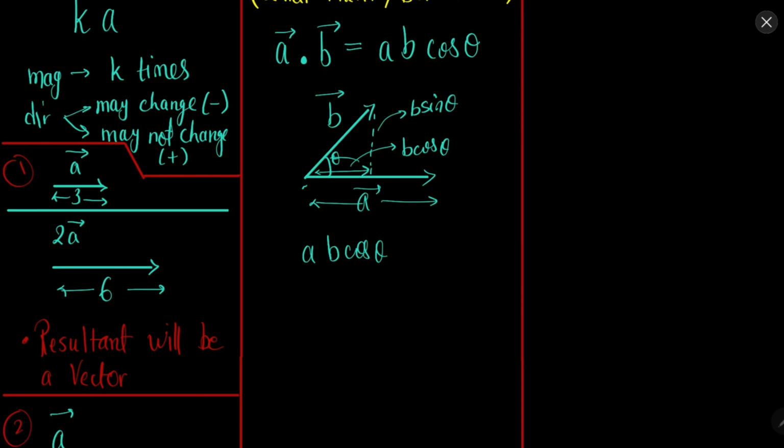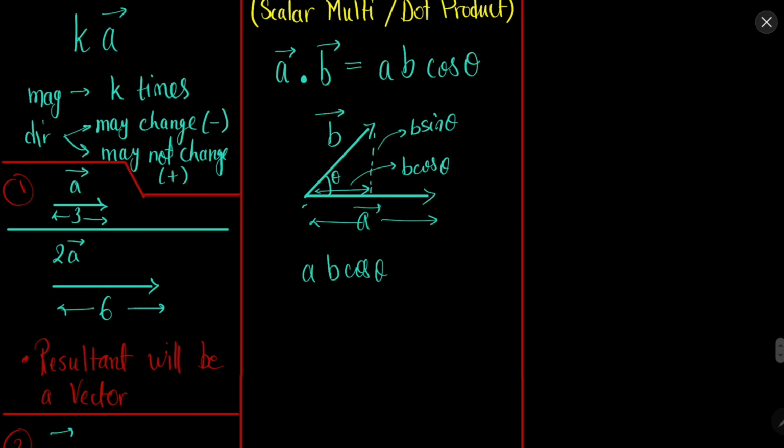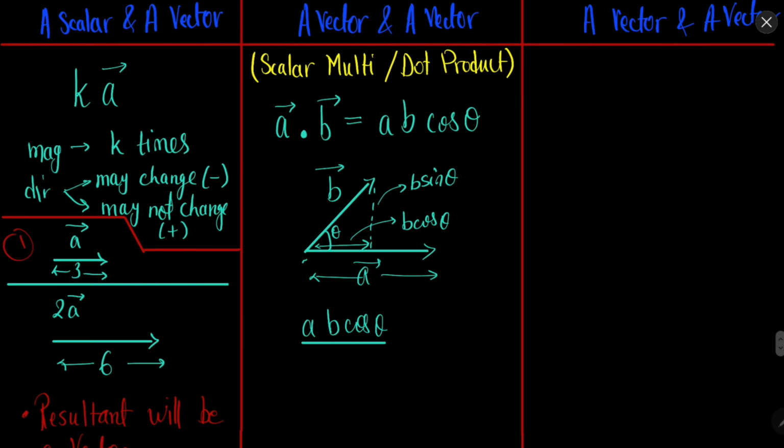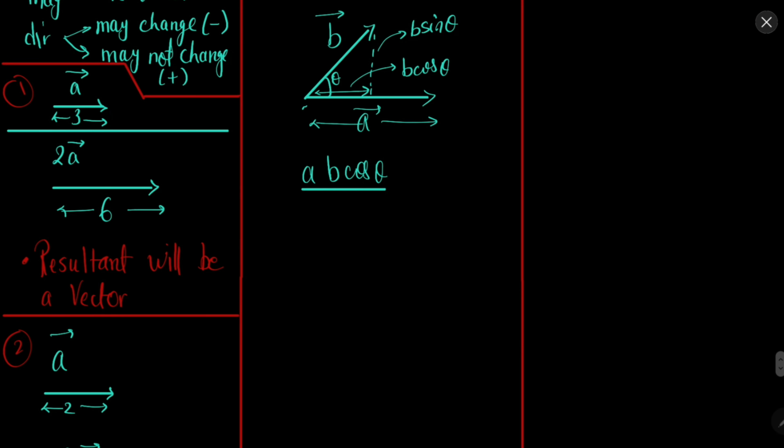This particular value is b cos theta by the vector resolution. So this is how a dot b becomes ab cos theta. Now the important thing is that this quantity ab cos theta is a scalar quantity. So we get a resultant which is a scalar.